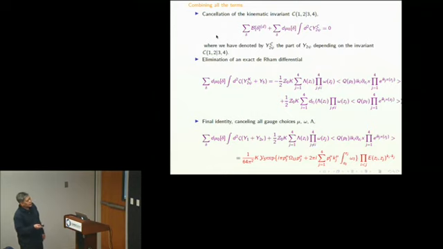Now if you take this piece here, which I'm reproducing down here, and combine it with the remaining contributions, namely y1 and y2x, you find that all gauge choices cancel.